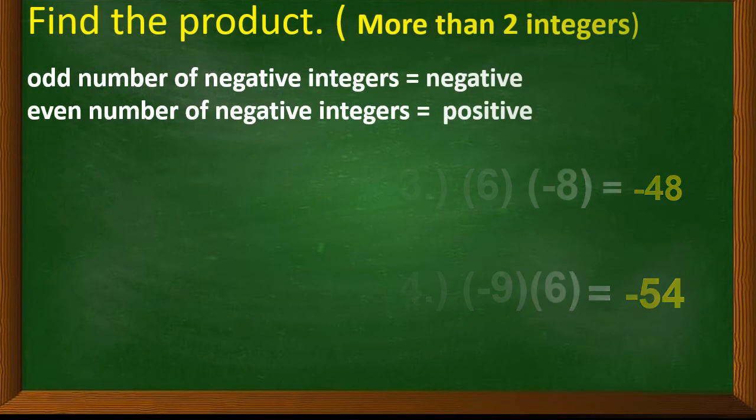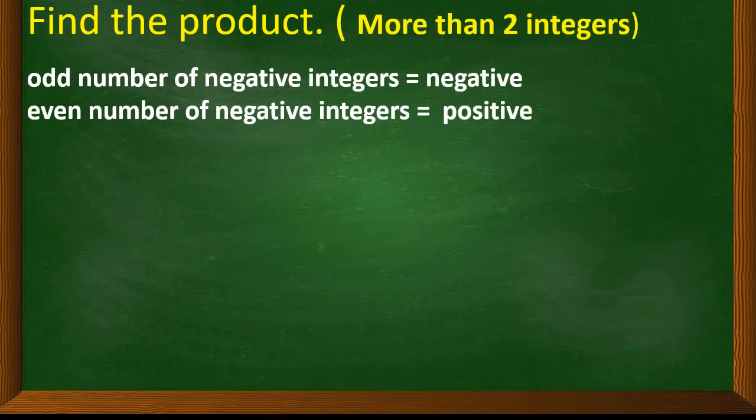Now, let's have an example of finding the product of more than 2 integers. Okay? Now, please be guided with this. An odd number of negative integers is equal to negative.